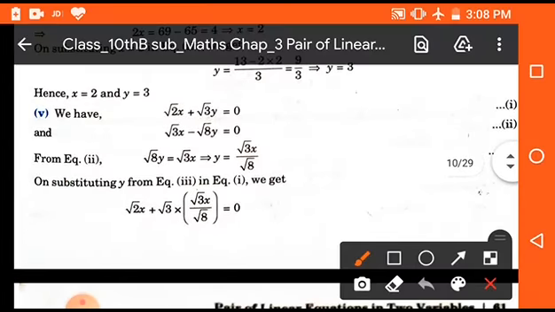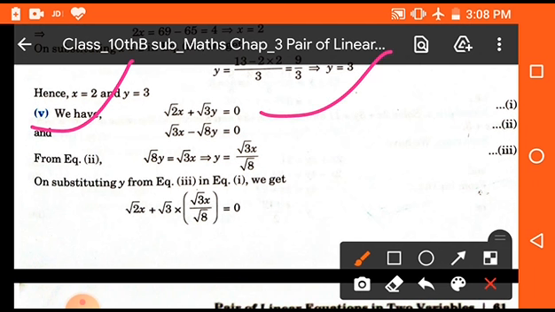Now see another example. √2x + √3y = 0. This is equation number 1. And √3x - √8y = 0, equation number 2. Now from equation 2 we get √8y = √3x, so the value of y will be √3x/√8.